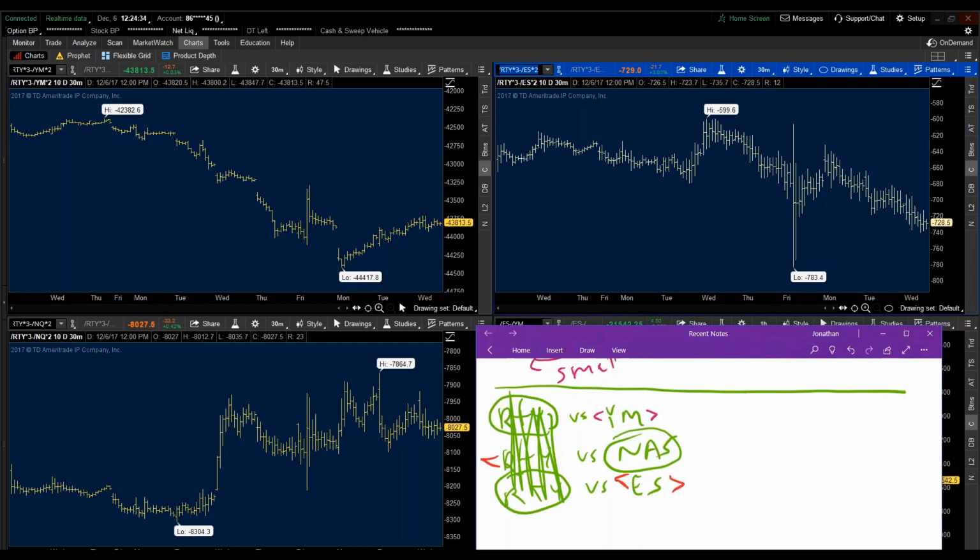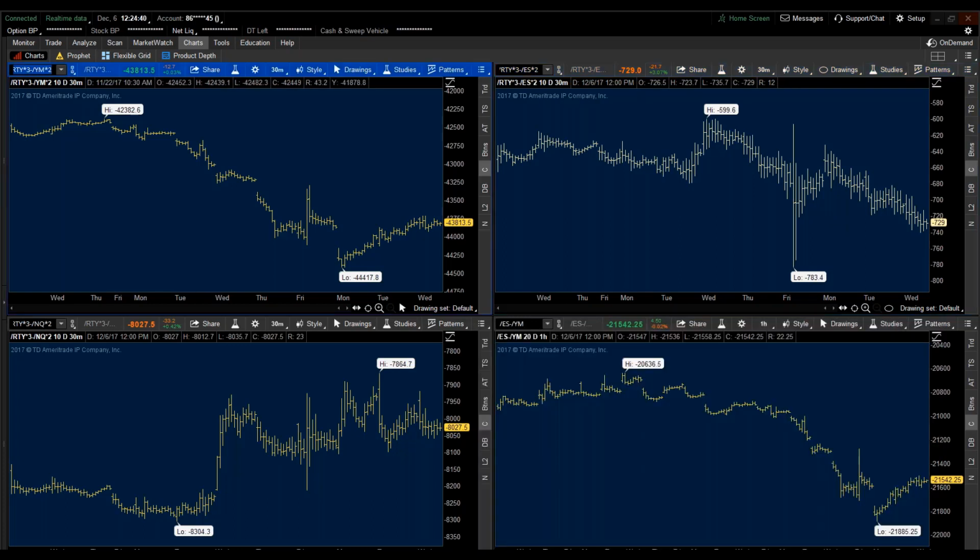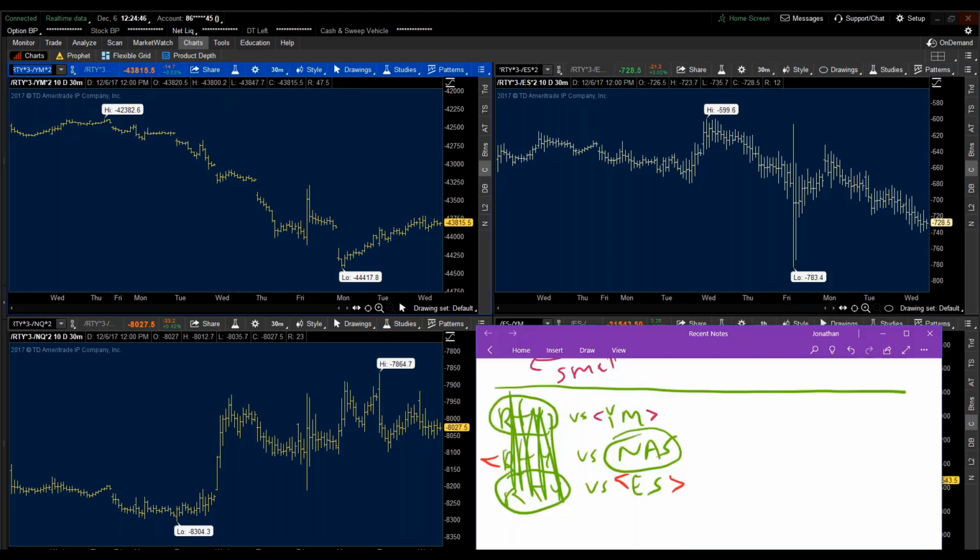Okay? So then we'd want to start looking at, let's switch this, and let's look at those other two charts, which are going to be NASDAQ Dow and then NASDAQ S&P.